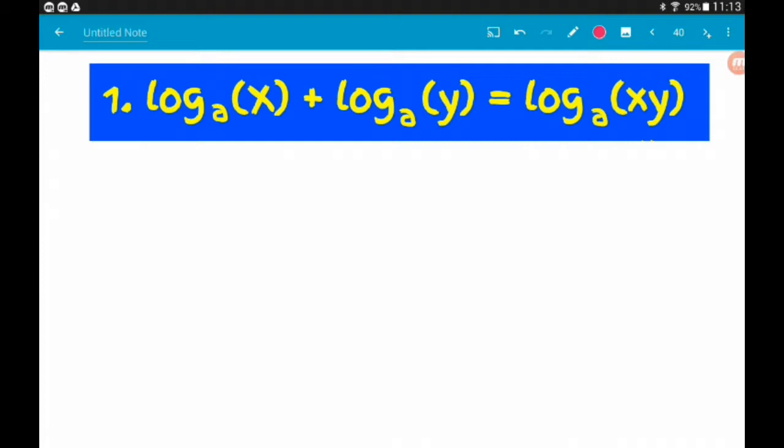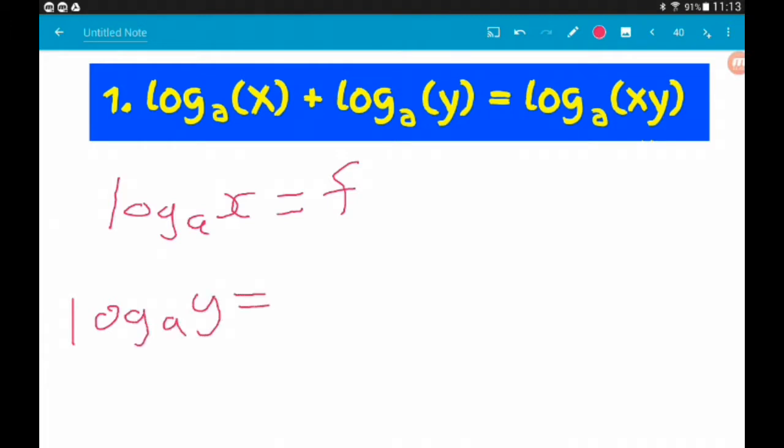So I'm just going to pick two letters, F and G. I think most commonly used is M and N, but they sound exactly the same, so I'm picking two that don't. So I'm going to say log base a of x is equal to f, and log base a of y is equal to g.